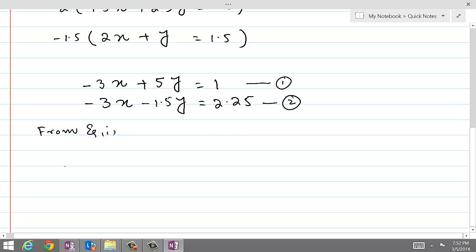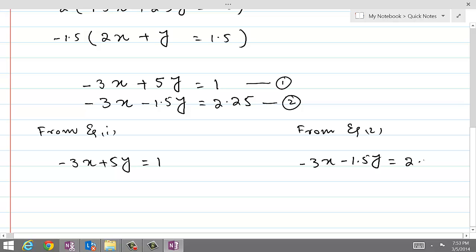Equation 1 here is minus 3x plus 5y equal to 1, and equation 2 is minus 3x minus 1.5y equal to minus 2.25.